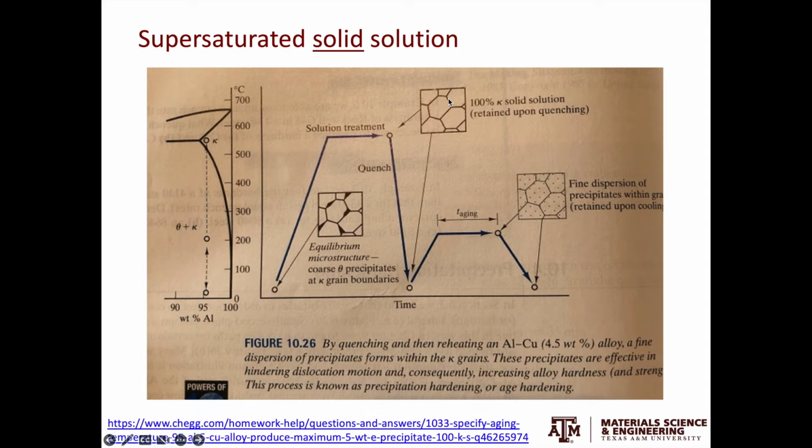At this condition, you will have a precipitate-free microstructure. As you quench the microstructure or cool down the microstructure very rapidly, you also retain this precipitate-free microstructure. The material is referred to as the supersaturated solid solution.